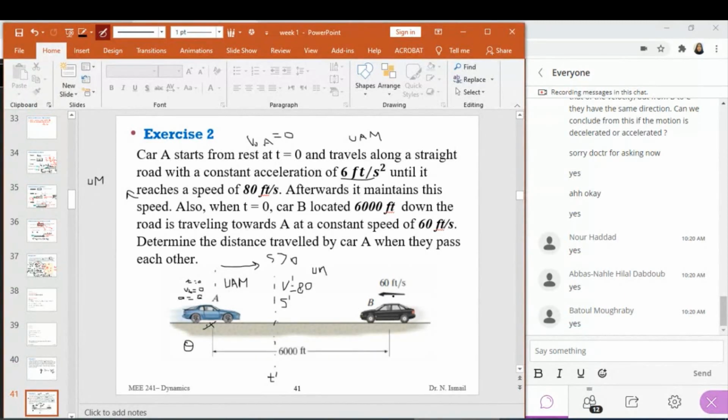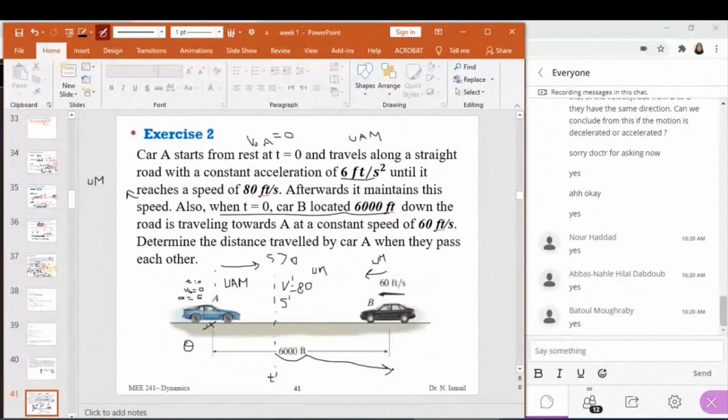And then, guys, B will start from 60 feet per second, and this is a constant speed motion, and will continue with the constant speed motion. So B will always have a uniform motion where V is equal to 60 feet per second. Now, another important note is that when t is equal to 0, car B is located at 6,000 feet. So what is this 6,000 feet, guys?